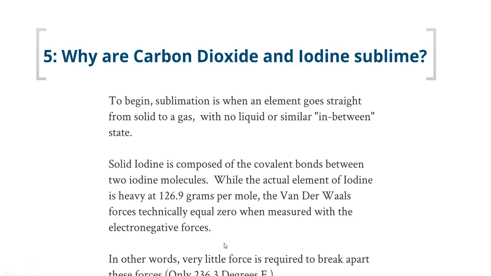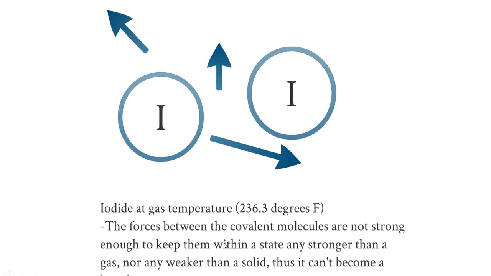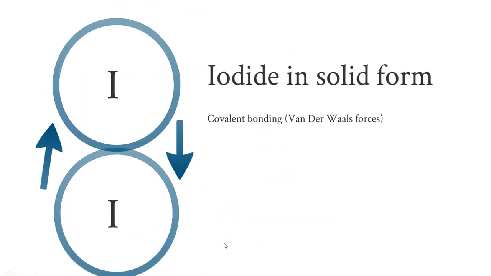And the only real forces holding them together are the van der Waals or London dispersion forces. So two iodine molecules are only being held together by London dispersion, and when you break those, they're completely broken.